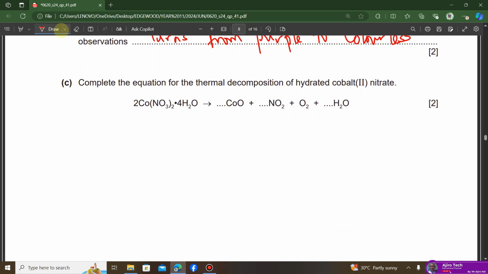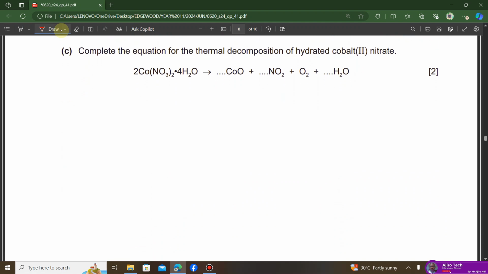All right, the next question has to do with balancing of chemical equations. Immediately after the exams, a lot of students messaged me regarding this question because they had a challenge understanding that the 2 in front of this hydrated substance affects everything right here. When you know that, it will help you balance this equation. So let's dive straight into it.